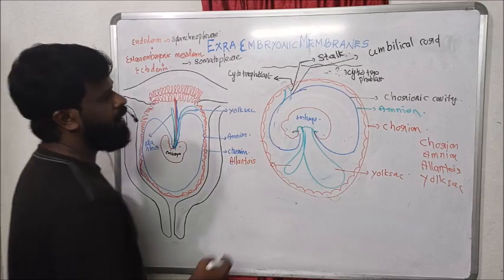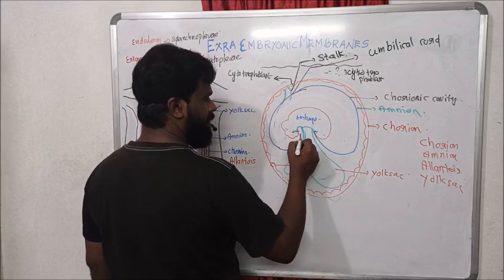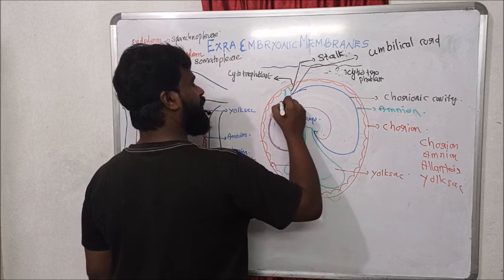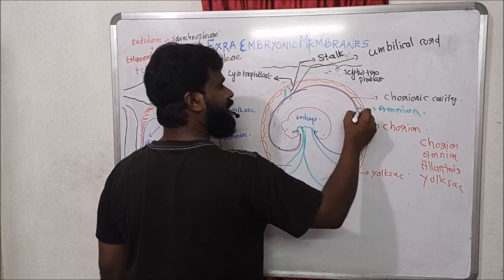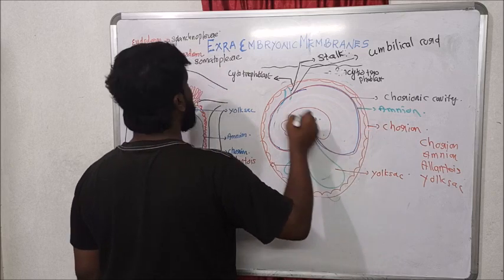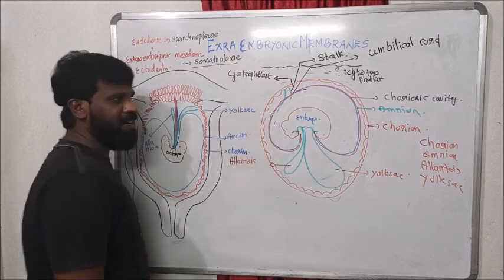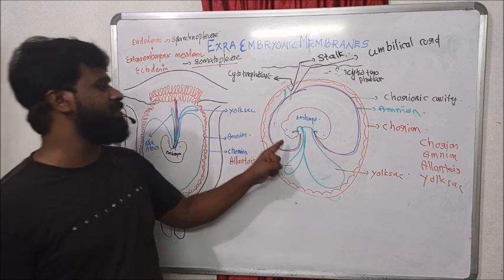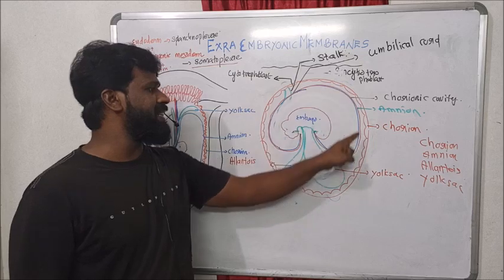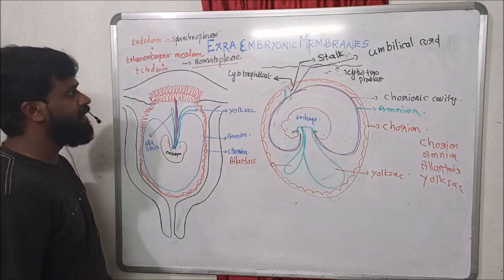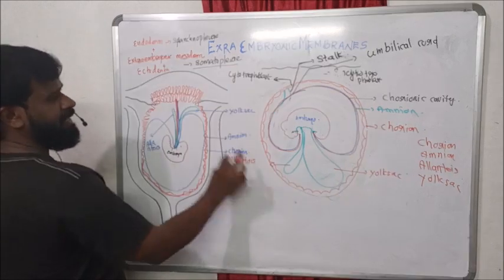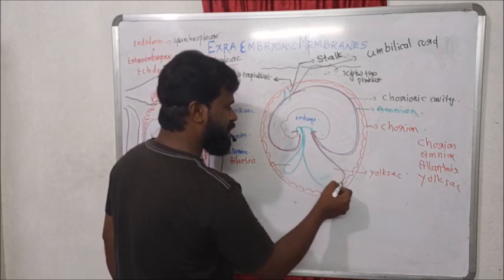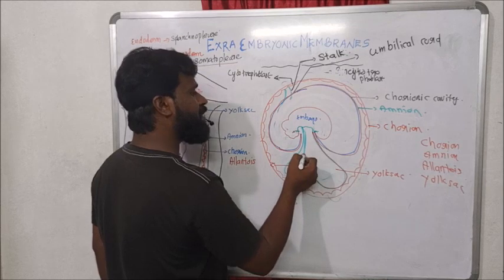And here, we know this amniotic membrane is formed of somatopleure. Somatopleure means extraembryonic mesoderm with ectoderm. Then this endoderm, this yolk sac, is also covered by extraembryonic mesoderm.